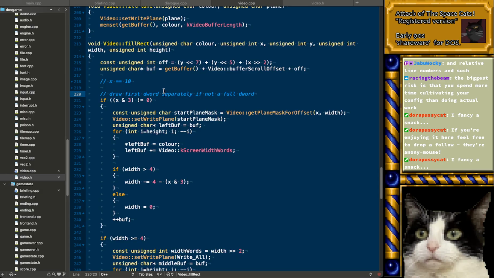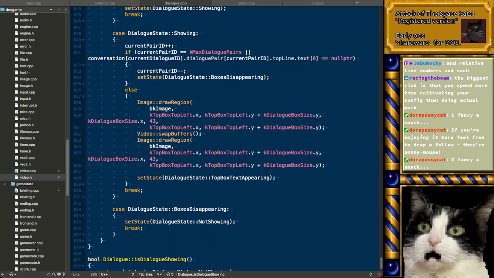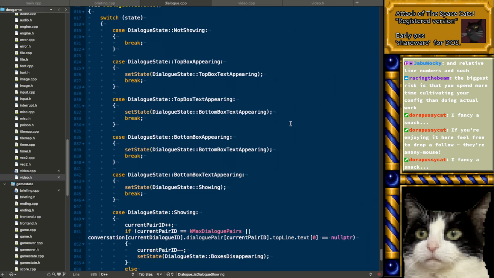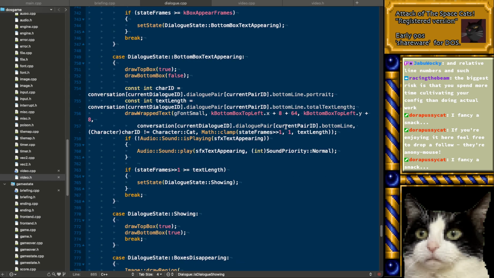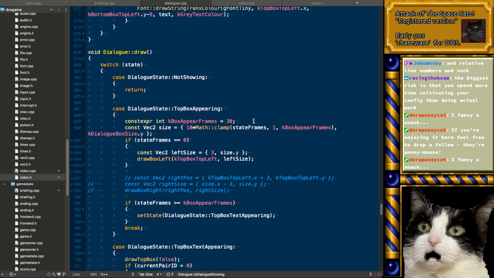Why does that not work? Wait a minute, wait a minute, wait a minute. Is it actually 10? Down the bottom. Top box appearing, it would be 10.